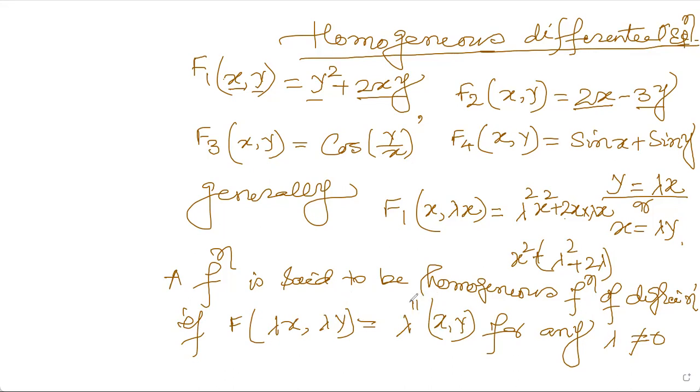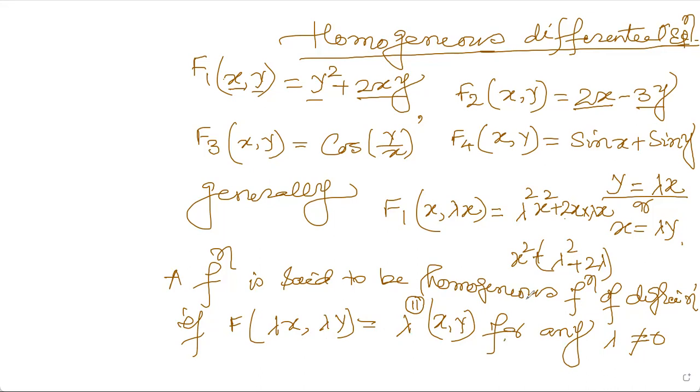Now you find that the power of lambda becomes 2. So how will you know that it is a degree 1 or degree 2 or degree 3 equation? That is to be understood clearly.